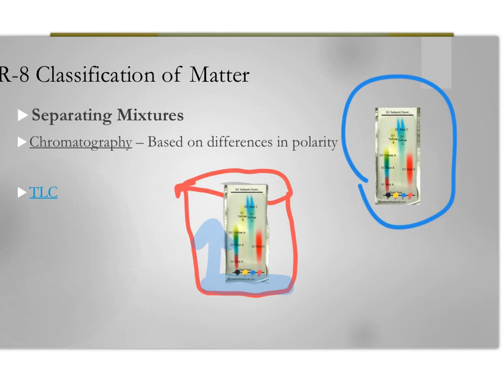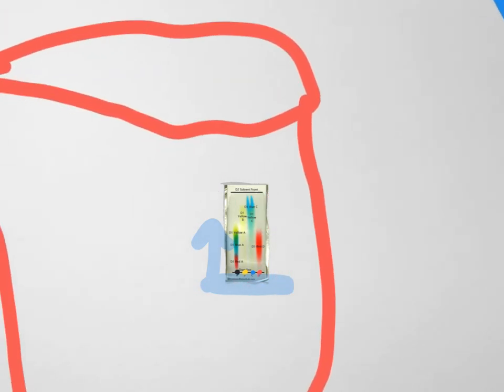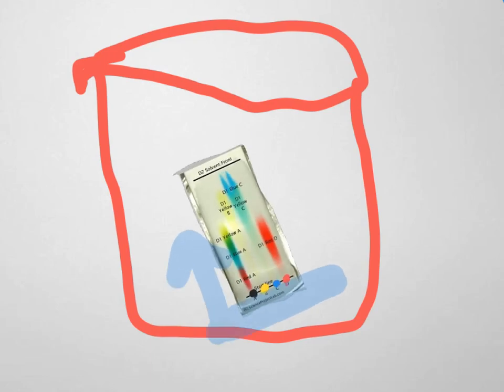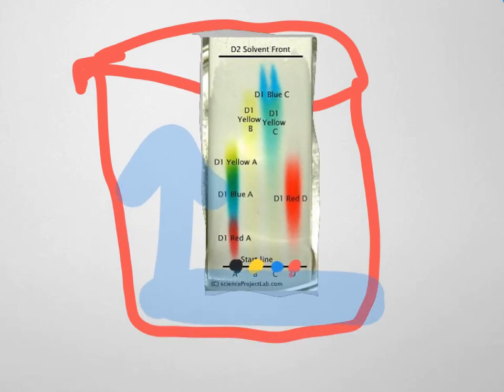Since you have polarity differences going on, the different compounds being different polarities, they will move up at different speeds. You can see in this, there we go, that in the ink on the far left, the yellow compound in that dye moves the fastest.